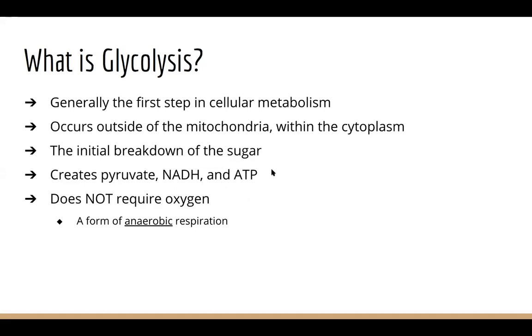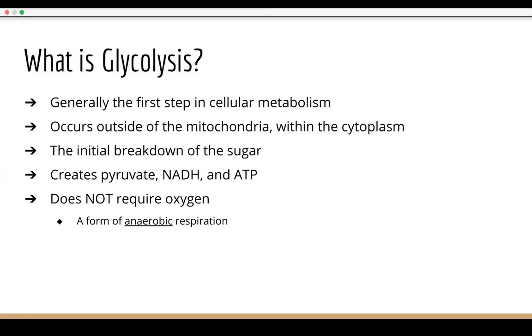The things we should talk about here: we already went over ATP, but NADH is an electron carrier. It's a molecule that can accept an electron and also give an electron. There's another molecule called FADH2 that we'll cover later, but NADH accepts an electron and then donates that electron at the very end of cellular respiration.